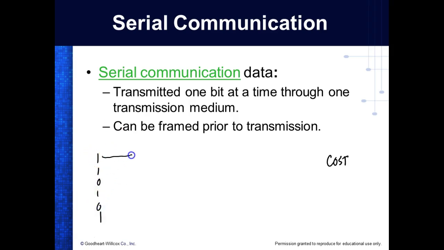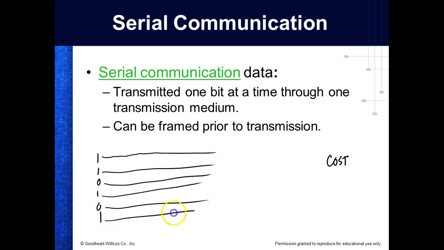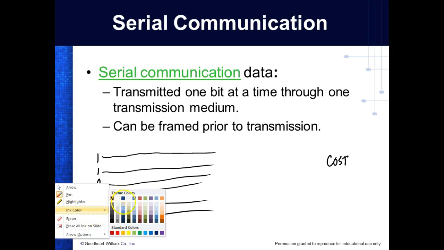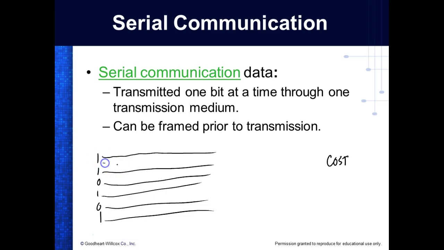So what we would do is have a separate conductor for each one of these. Normally we have two. Normally each one of them runs its own common. It still looks about the same color.